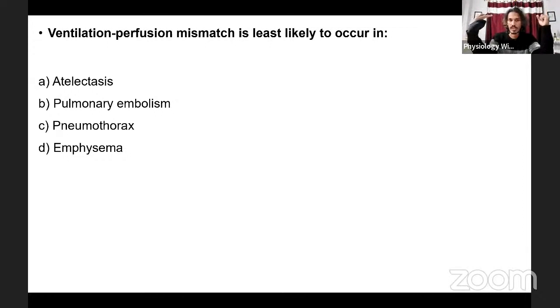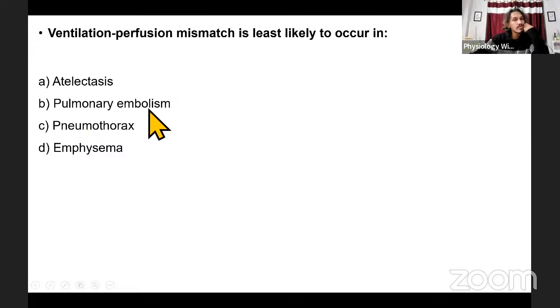So when there is atelectasis, what is atelectasis? Basically, collapse of that lung. That parenchyma has collapsed. So ventilation is not there. Blood flow might still be there. So now there is a ventilation perfusion mismatch.